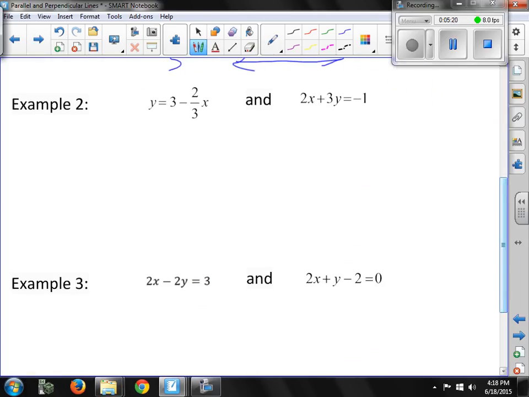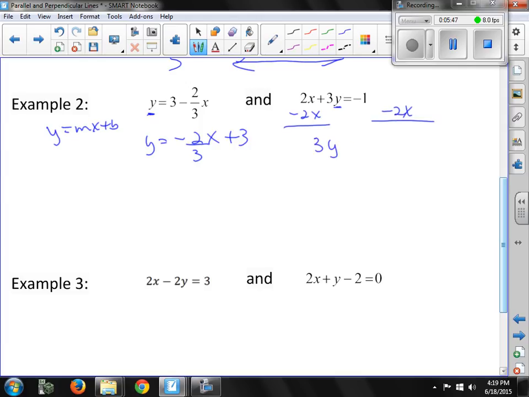Let's do this one. Now this one is already solved for y. The only thing you might do is put it in y equals mx plus b order. So I'm going to write it as y equals negative 2 over 3x plus 3. But this one I do have to solve for y. So I'm going to subtract the 2x. So 3y equals negative 2x minus 1.